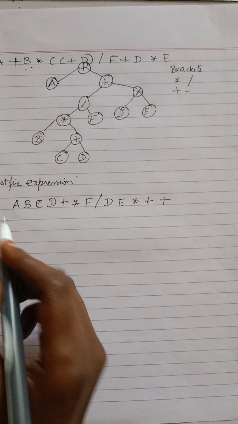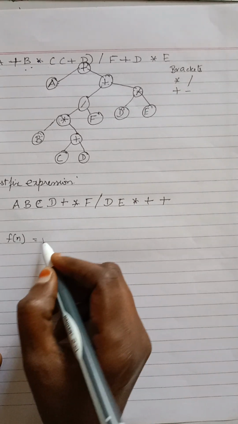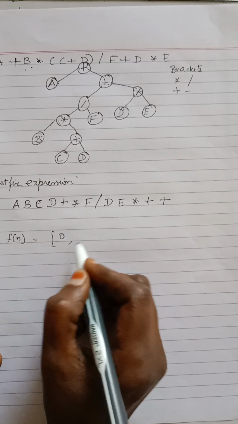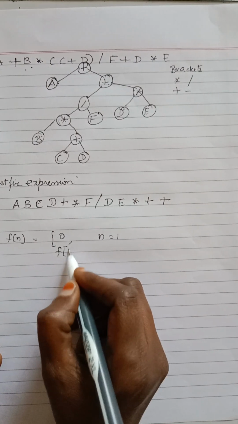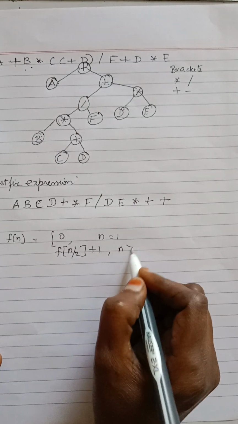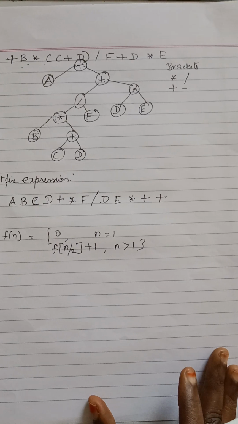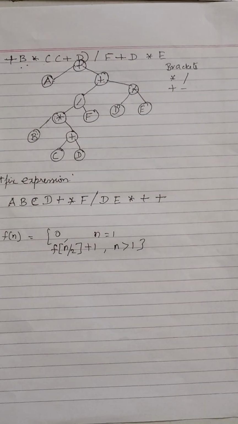They have given f of n as 0 when n equal to 1 and f of n by 2 plus 1 when n is greater than 1. So this is the given relation. Now we have to find out what this function finds.